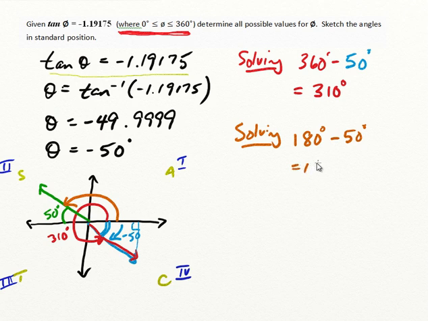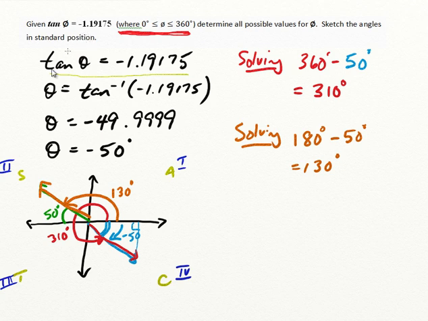And that gives us 130 degrees. So there is the second angle that we're interested in, terminal arm in quadrant 2, and it is 130 degrees.